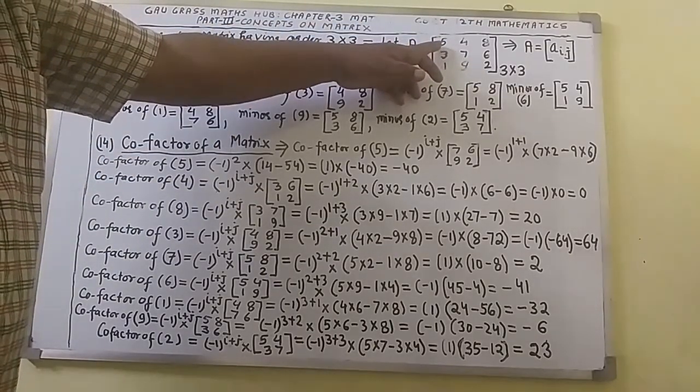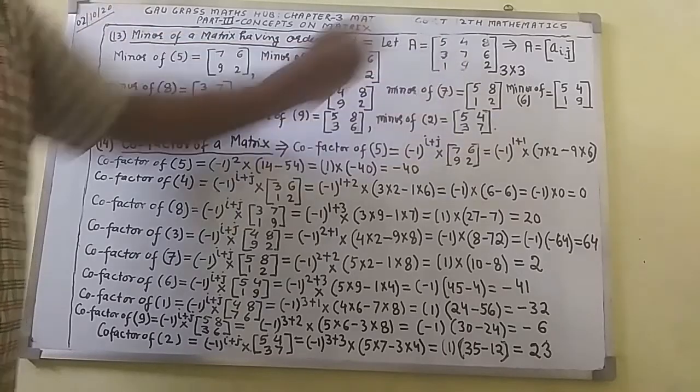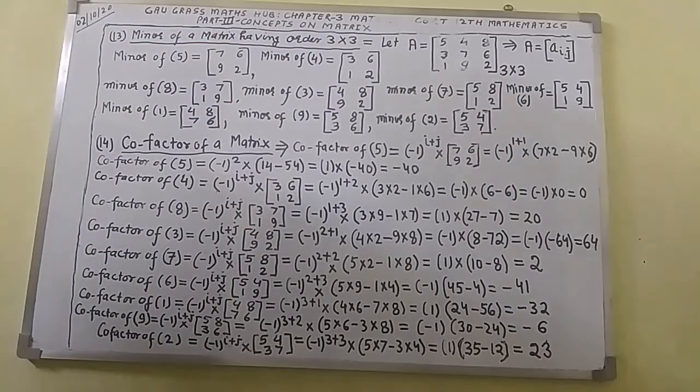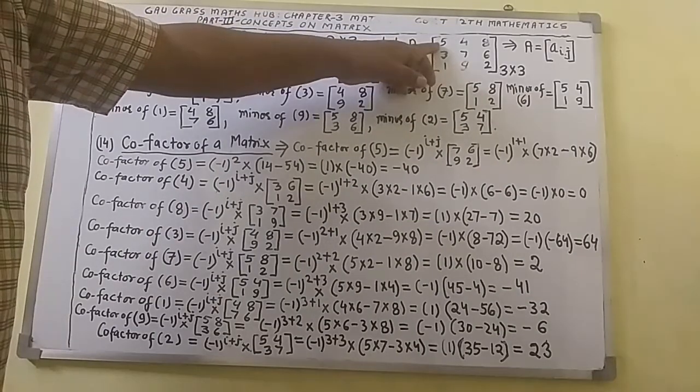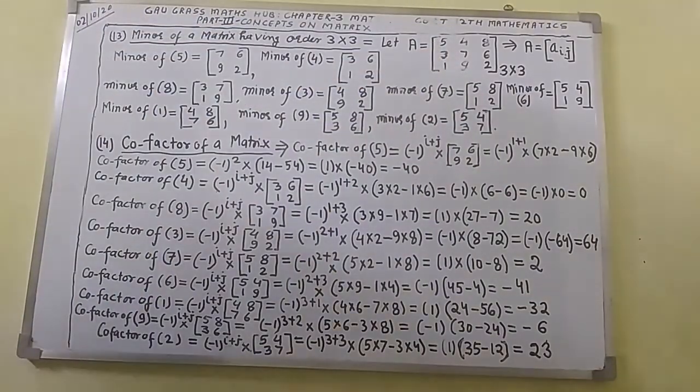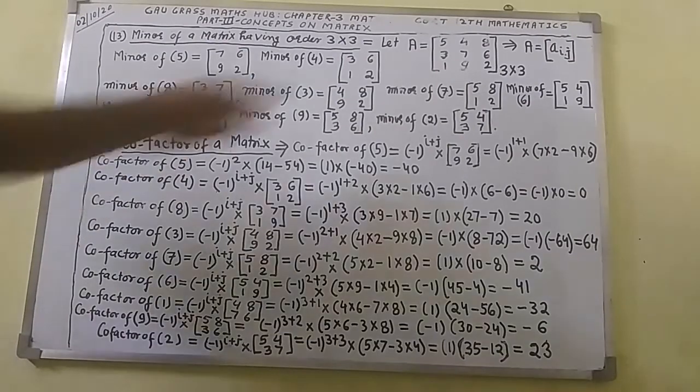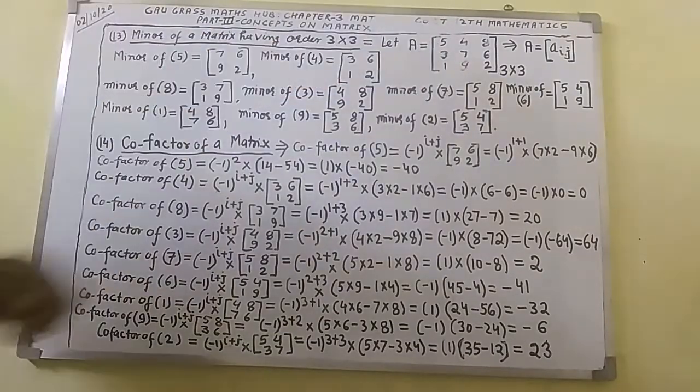Say element 5. Element 5 is there in the first row and first column. So you have to find the cofactor of element 5.